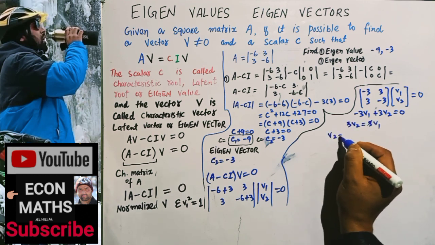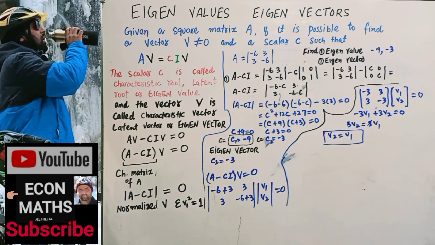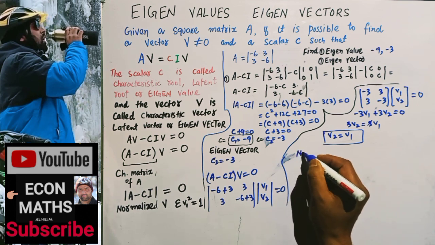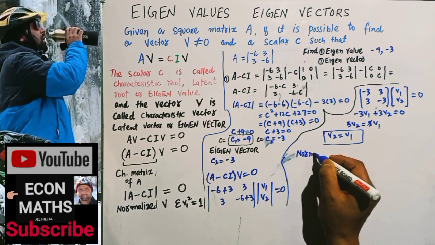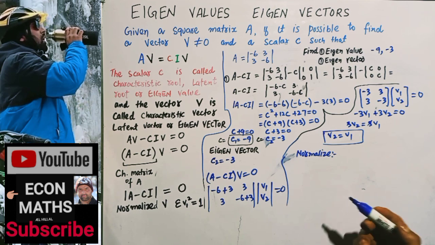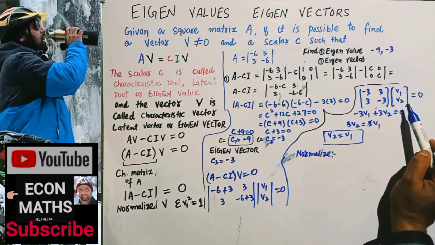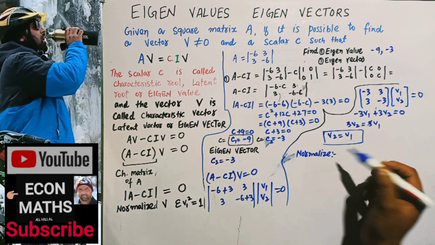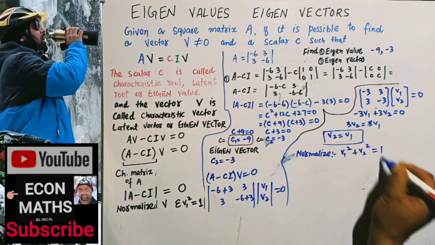So v2 is equal to v1. Getting this, to get rid of the infinite solutions, we normalize the solution in such a manner that the sum of the squares of the elements of this v column vector should be equal to 1, that is v1 square plus v2 square should be equal to 1.